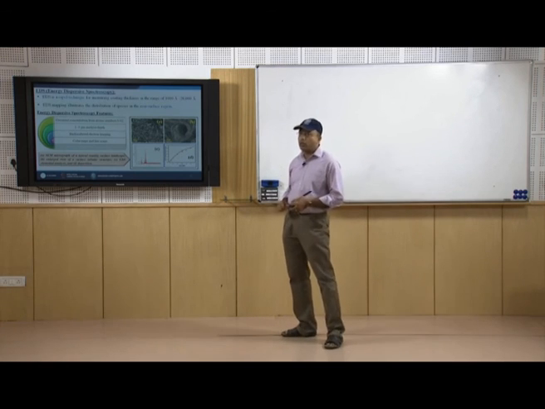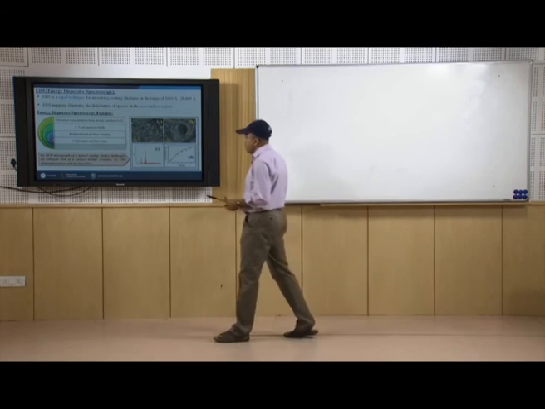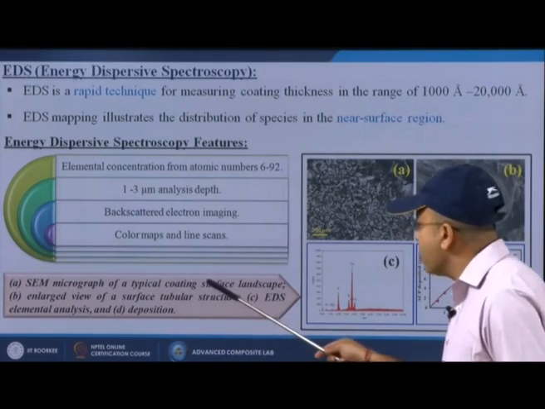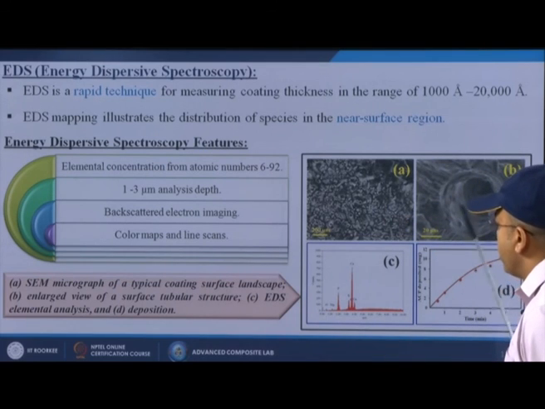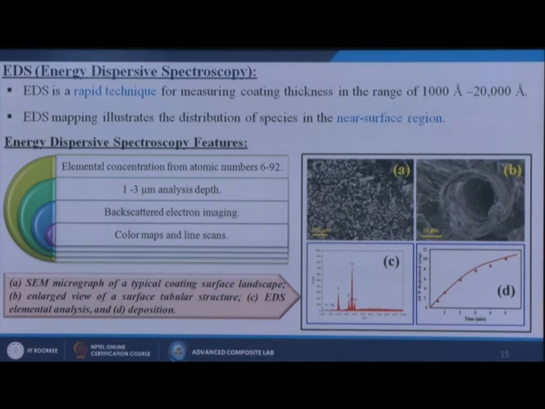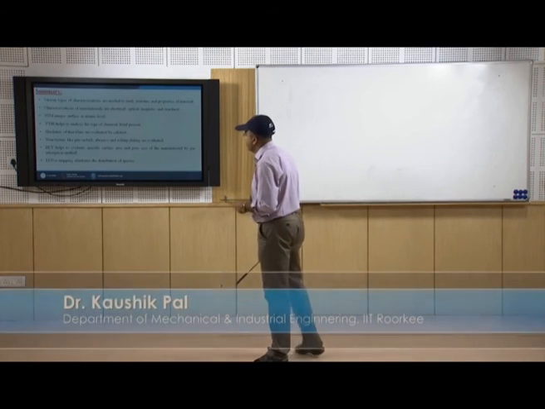It will give you the total elemental mapping of that particular coating material. These are the same micrographs of a typical coating surface landscape. B is the enlarged view of a surface tubular structure, C is the EDS elemental analysis and D is the deposition rate of that particular material onto the substrate itself.